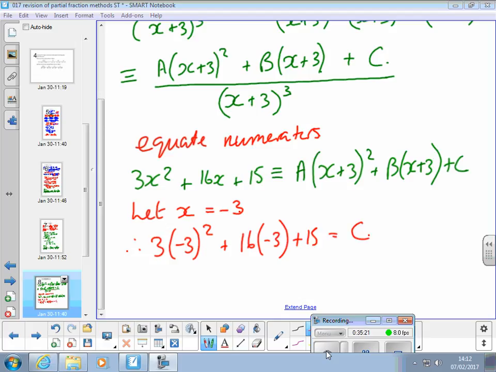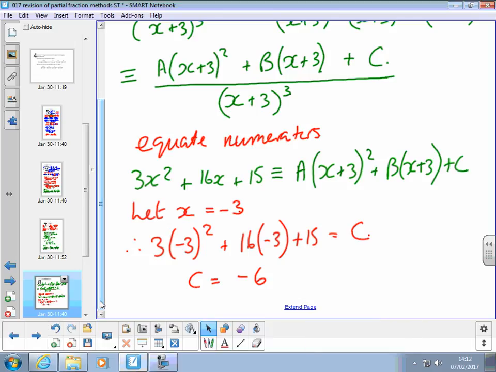All of that is equal to C, because x equal to −3 eliminates those two, and we end up with C equal to −6. The problem now is we've got a value for C, but the only value we can give to x that will eliminate A is −3, but that would also eliminate B as well.